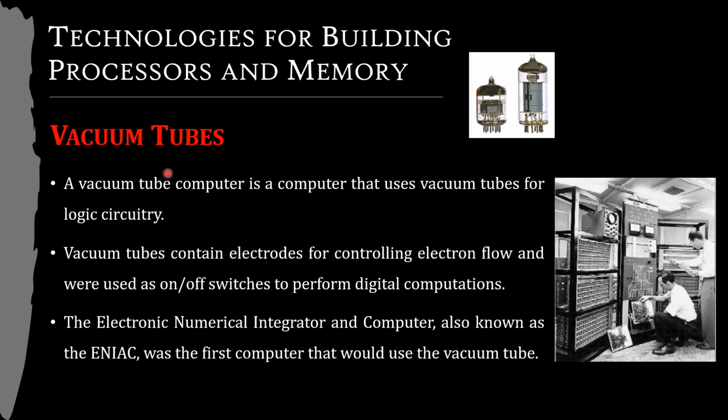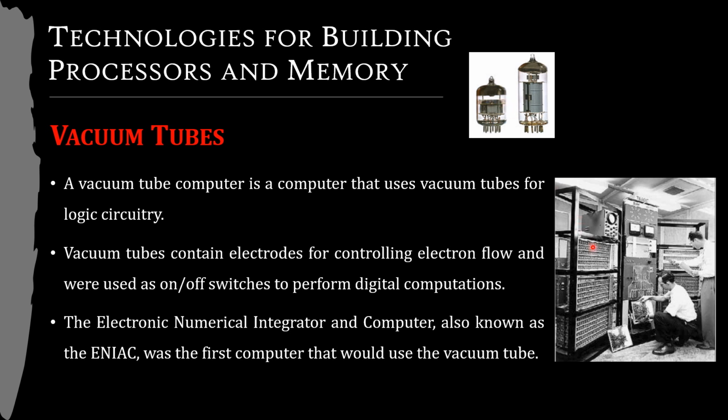Vacuum tubes are used in the first generation computers. A vacuum tube computer is a computer which uses vacuum tubes for logic circuitry. Vacuum tubes contain electrodes for controlling electron flow and were commonly used as on or off switches to perform digital computations.